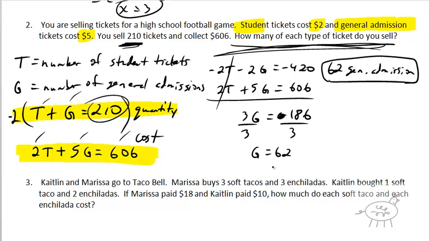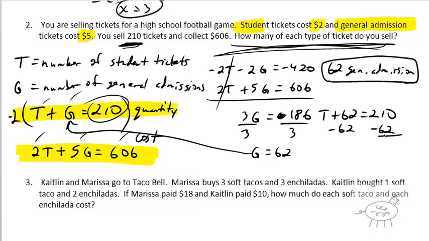And the second answer is we take this g equals 62 and we plug it into that one right there. So it's t plus 62 equals 210. So 210 minus 62 gives us 148. And that's it. No more dividing. So it's 148 student tickets.